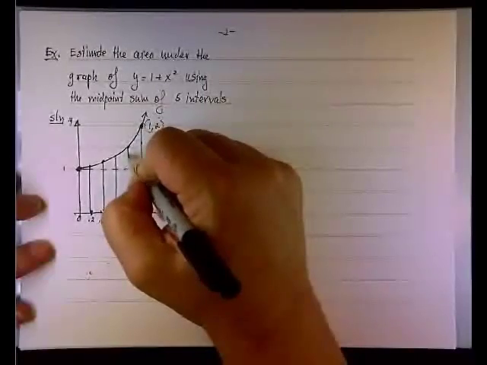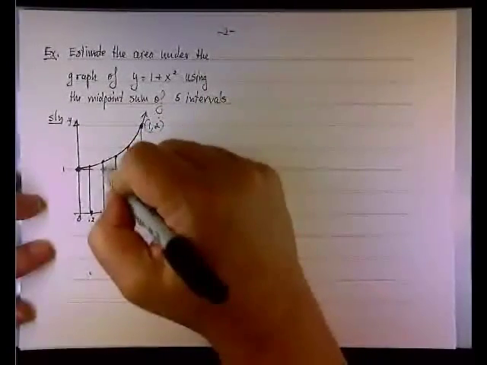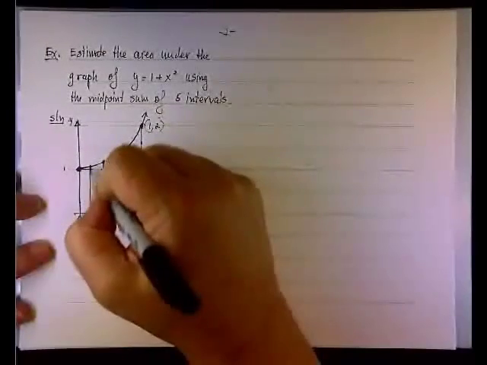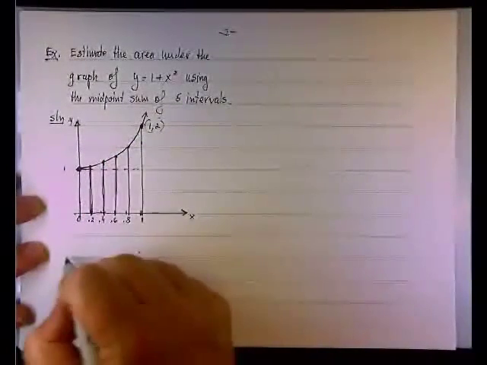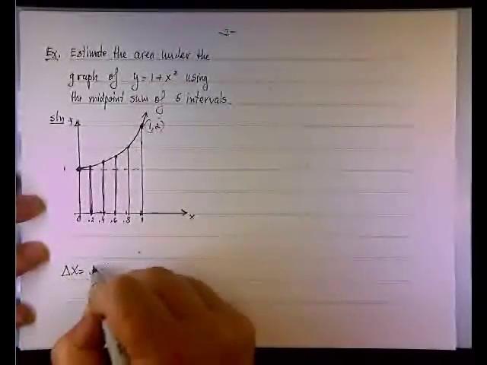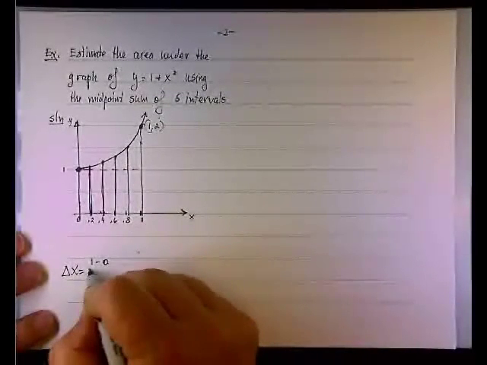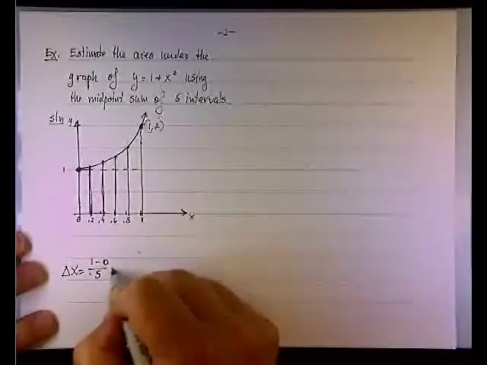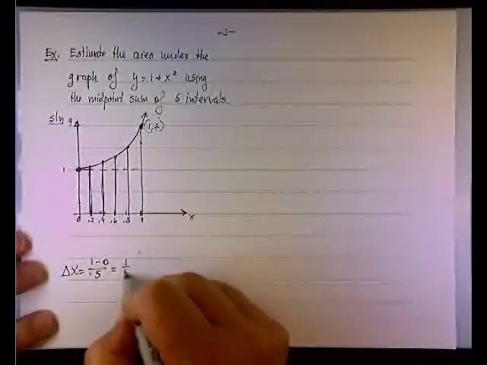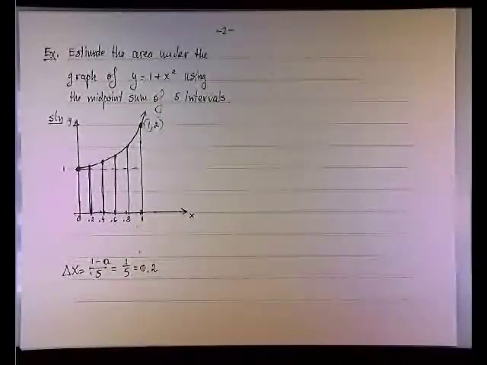So we slice it into 5 strips. The width is 0.2, so delta x, which is always the last value minus the first value divided by the number of divisions, will be 1/5 or 0.2.